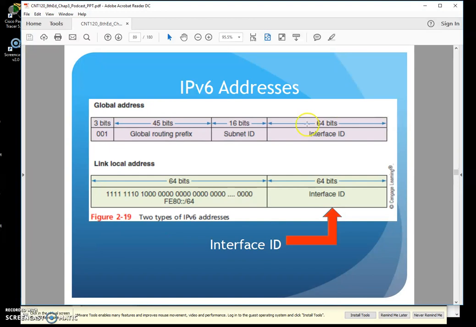The first 64 bits is usually kind of like the network portion, and the last 64 bits is the interface ID. And you see up here, if I look at a global address, it's broken out a little bit further: global routing prefix, subnet ID, and then interface ID. But roughly the first half is the network portion. The second half would be like the host portion. If you had to equate this to what you already know, that's the description I often give people if they're trying to figure this out.